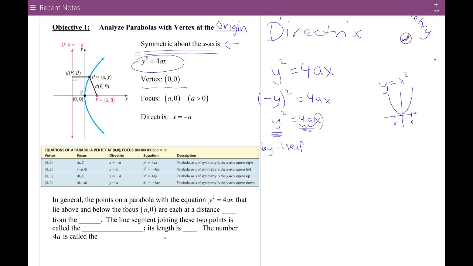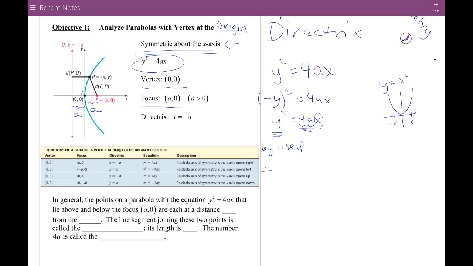The vertex is going to be at the origin in these first problems. The focus is located a distance of a away from the vertex. That means the directrix must also be located a distance a away from the vertex in the other direction. So the vertex is always exactly in the middle between the directrix and the focus. That's an important feature of a parabola.